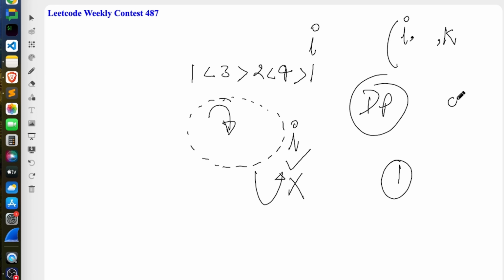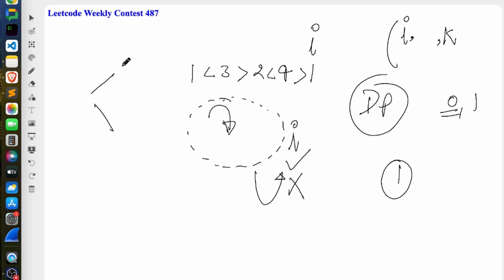So k can be 0 or 1. 0 means no number removed so far, 1 means one number removed so far, right? Now another state is the last comparison, meaning whether it was up or down, right?